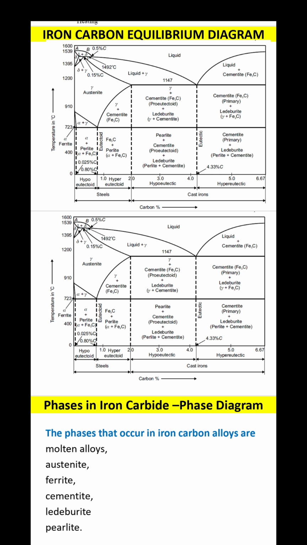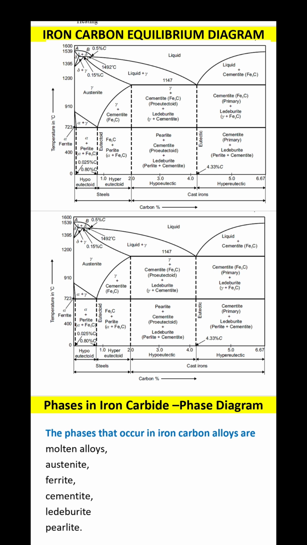Then you connect with the 1147 degrees Celsius temperature line and connect the curve from 0.15% of carbon to the 1395 degrees Celsius temperature. In that region completely gamma iron takes place. It is also called austenite.